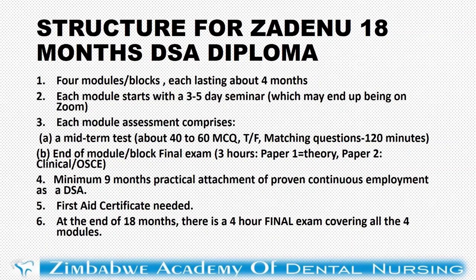At the end of the 4 months, when we meet in Harare at a venue, the participants write a 3-hour exam broken into theory paper 1 and then paper 2, which is a clinical exam.